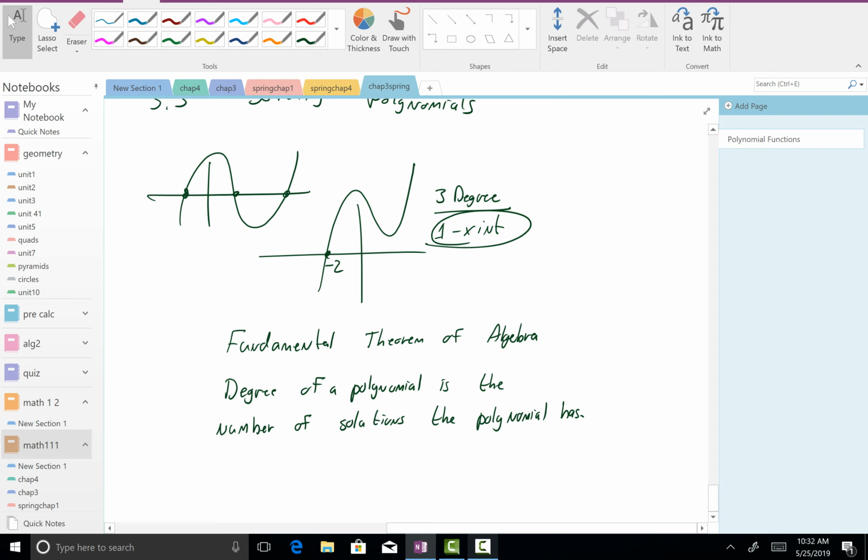The fundamental theorem of algebra says the degree of polynomial is the number of solutions that the polynomial has. So I need to find all the solutions, and it might specify that they need to be exact solutions. So how do we go about doing that?